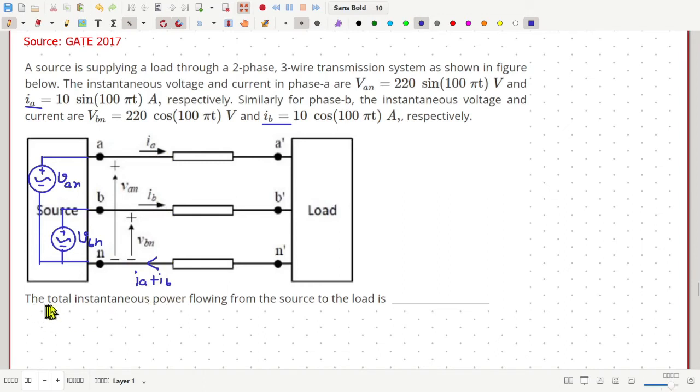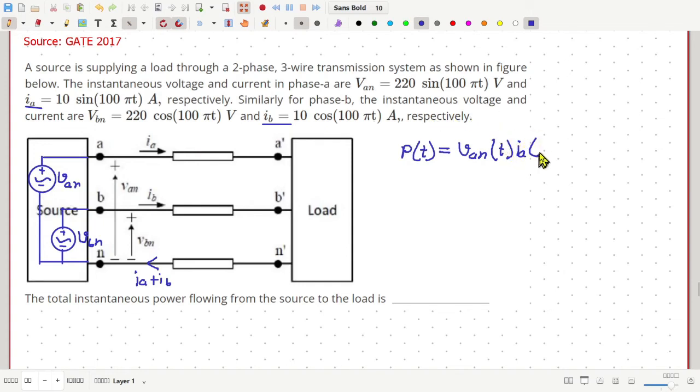Now we have to find the total instantaneous power flowing from the source to the load. Total instantaneous power delivered by these two sources. So that is given by, call it PT, instantaneous power, will be equal to VAN, which is of course a function of time, VAN(t), this voltage multiplied by this current IA, which is flowing through this source, IA.